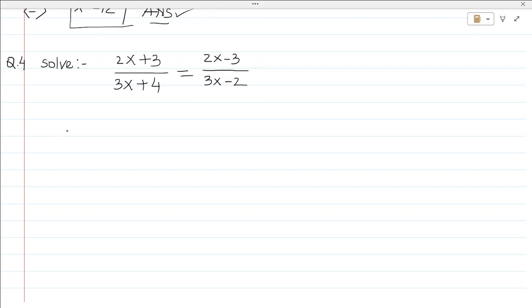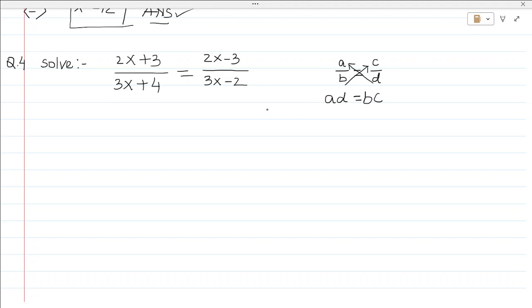Now what we will do, see, in your early classes you must have read this type of fractions. If A upon B is equal to C upon D, we can cross multiply like this and this. What we get? We get AD is equal to BC.